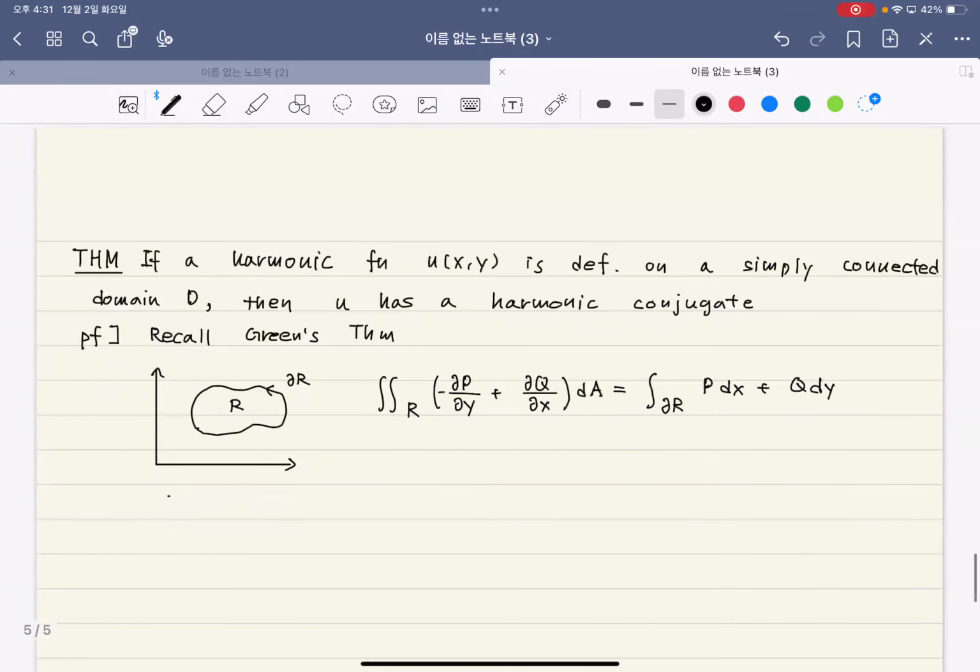So that means if partial P over partial y is the same as partial Q over partial x, then under this condition, this integrand goes to 0.